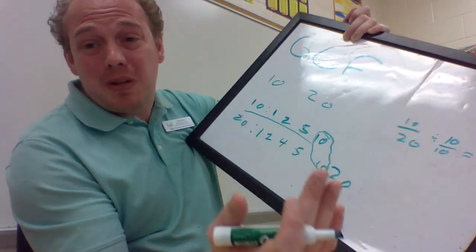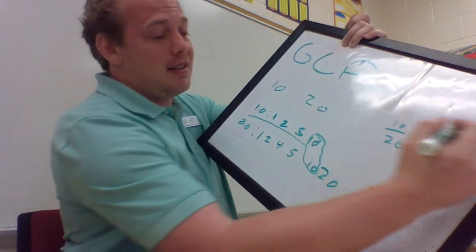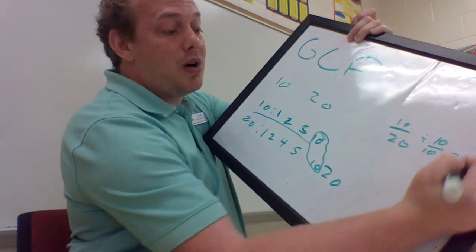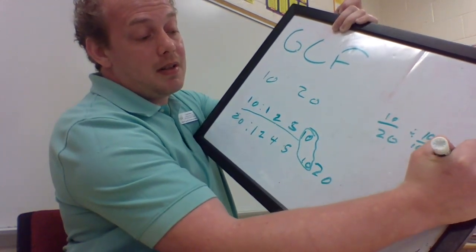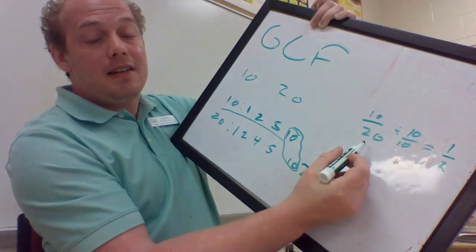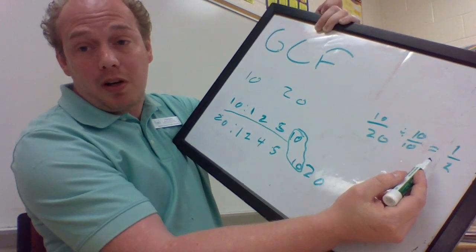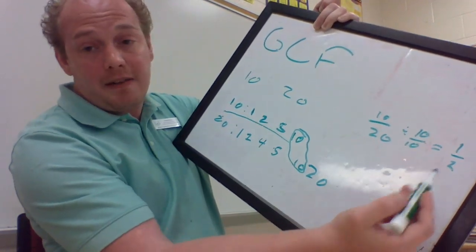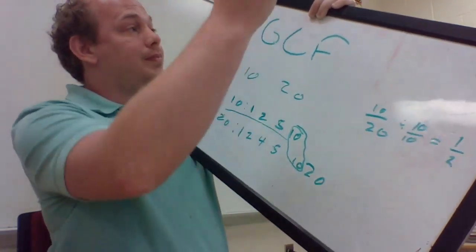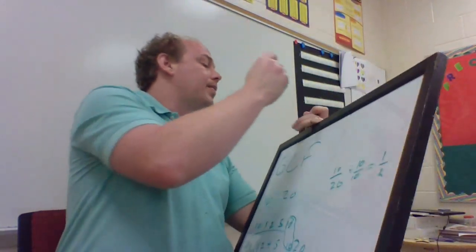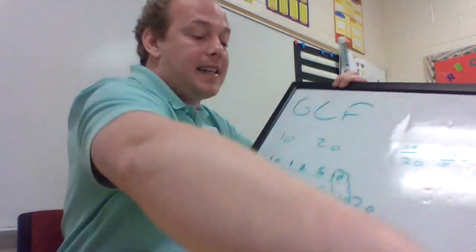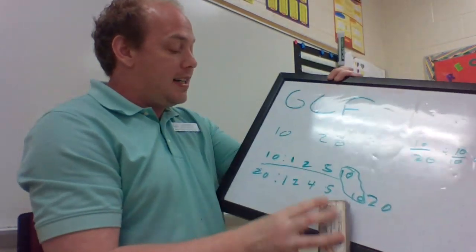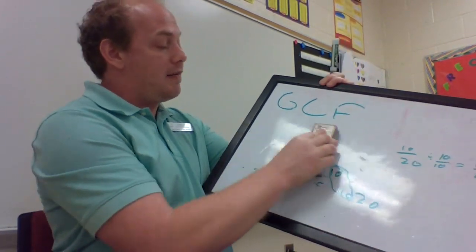And you're going to be completely done. So 10 divided by 10 is 1, and 20 divided by 10 is 2. So 10 over 20 is the same thing as 1 over 2, or 1/2. So that's my example.